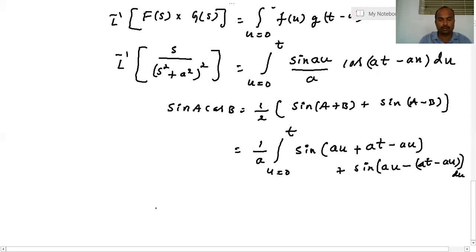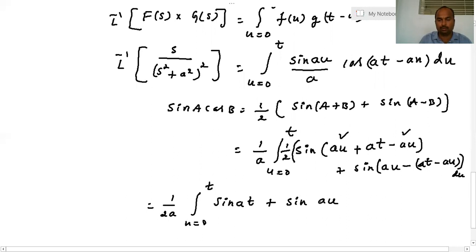So therefore now here I'll write 1 by 2 also. I missed this 1 by 2. So you take 1 by 2 outside, so it becomes 1 by 2a. Integral from u equals 0 to t. Here au and minus au get cancelled. We'll get sin at plus sin(au, and this becomes minus at.